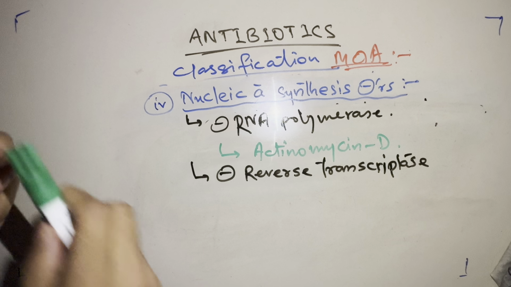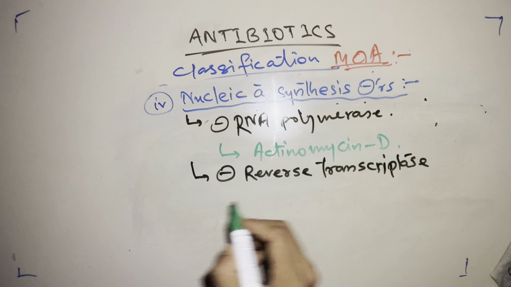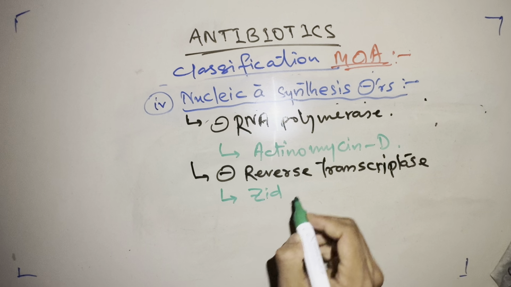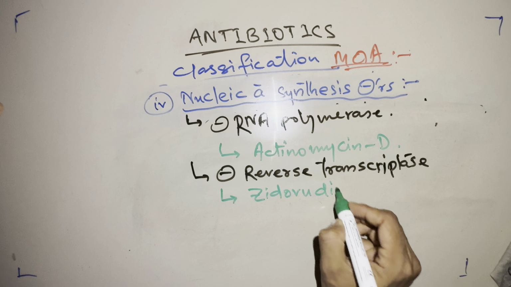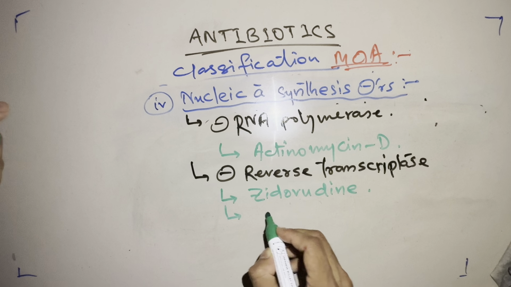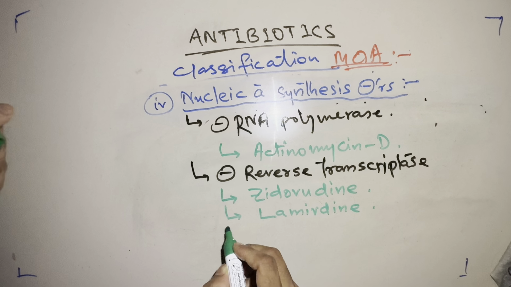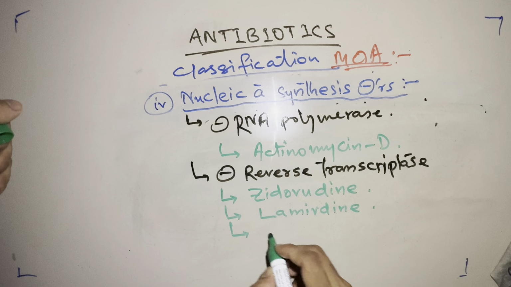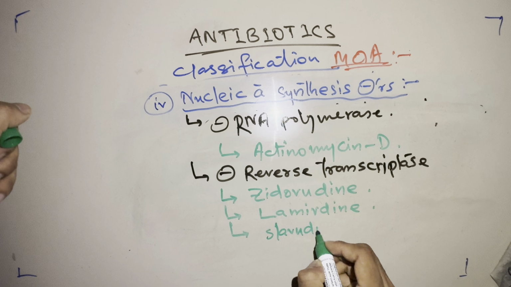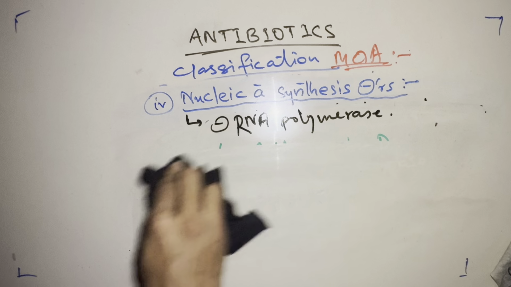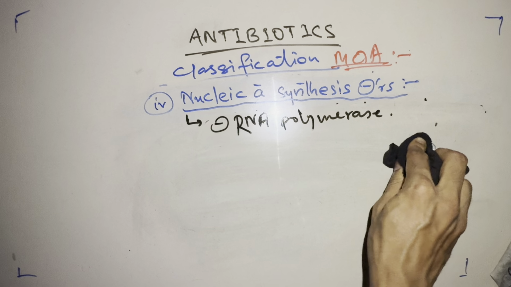So examples of reverse transcriptase inhibitors are zidovudine, lamivudine, and stavudine.